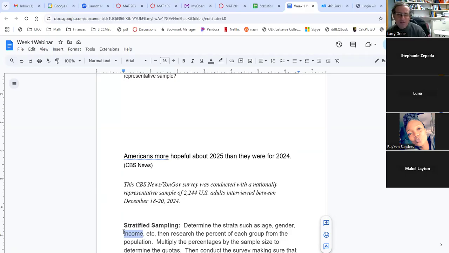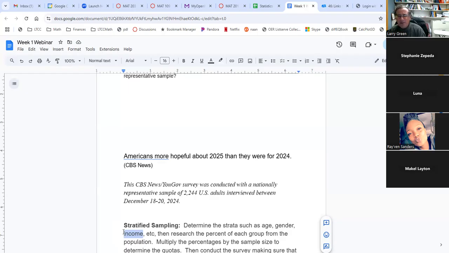Okay, what other strata might there be besides age, gender, and income? There's a whole lot, by the way. What are the things you might want to look at and ensure to prevent bias based on it? Put in the chat box the idea of what other strata there might be. Hopefully, you're all typing.